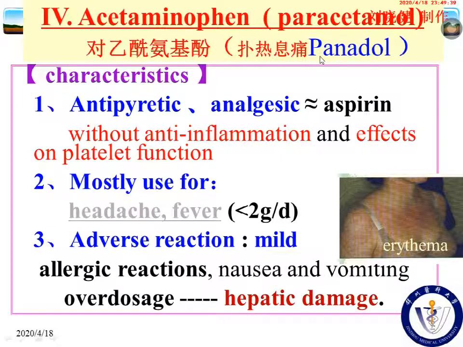That's why it is commonly used for the relief of fever and pain, because its antipyretic and analgesic effect is similar to aspirin, but it has no anti-inflammatory effect or effects on platelet function. It is mostly used for the treatment of headache and fever.